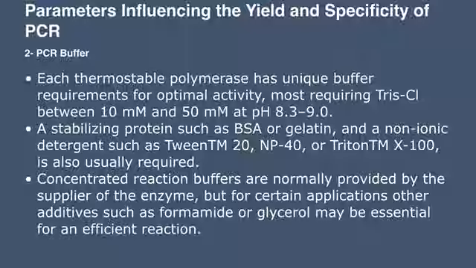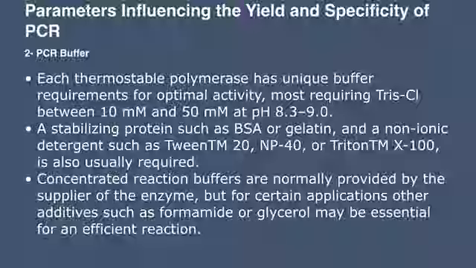A stabilizing protein such as BSA or gelatin, and a non-ionic detergent such as Tween 20, NP-40, or Triton X-100 is also usually required. Concentrated reaction buffers are normally provided by the supplier of the enzyme, but for certain applications, other additives such as formamide or glycerol may be essential for an efficient reaction.